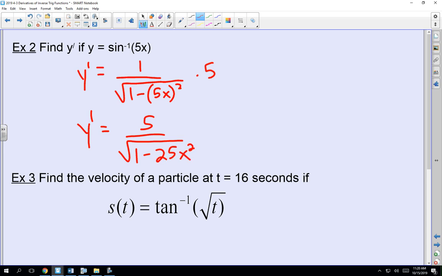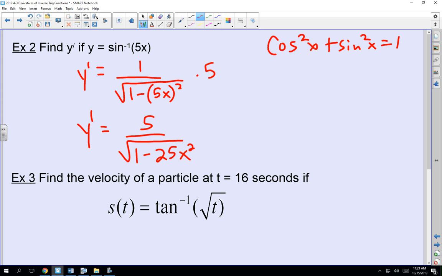The way I remember inverse sine's derivative and inverse cosine's derivative is they look like what you'd get if you were to solve the Pythagorean identity for one or the other.